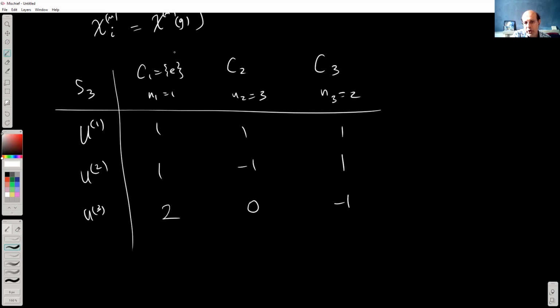Okay, so in the columns, we always have the conjugacy classes within the group. And in the rows, we always have these representations. They usually name the representation with some specific letters, like, for example, E, A, and S, and things like that. So for each group, there is some kind of a specific naming convention that people actually use.